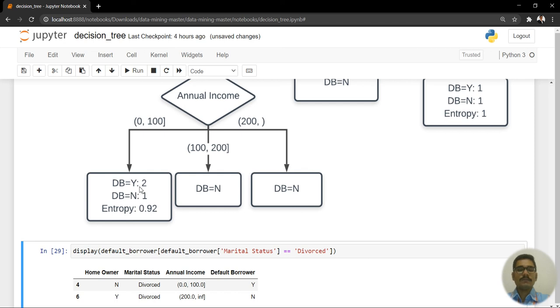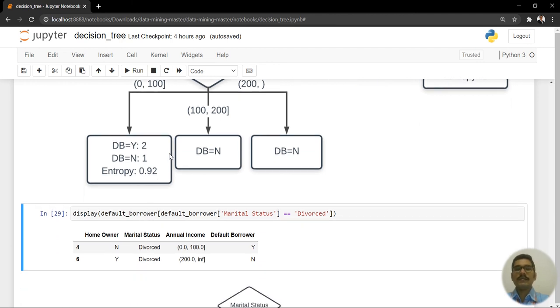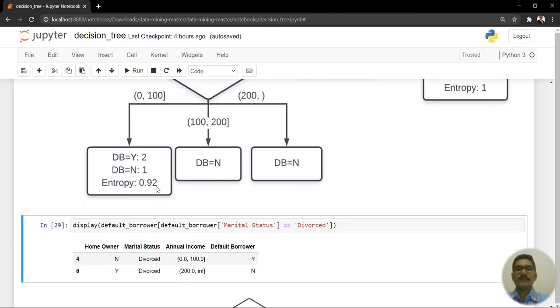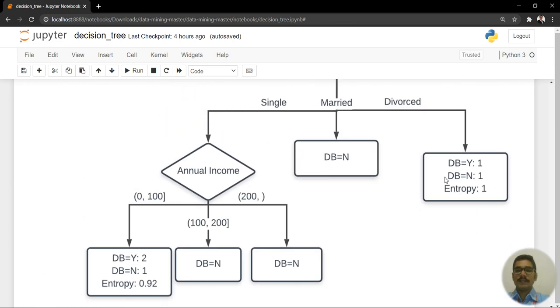So one instance for defaulted borrower equal to yes and one instance for defaulted borrower equal to no. Whenever an instance comes in for classification at this particular node, you have to do the classification with respect to the majority class. So majority class here will be the yes class, so it will be predicted as yes. But due to a lack of attributes, we cannot split this further, and we now go here and do the splitting here.